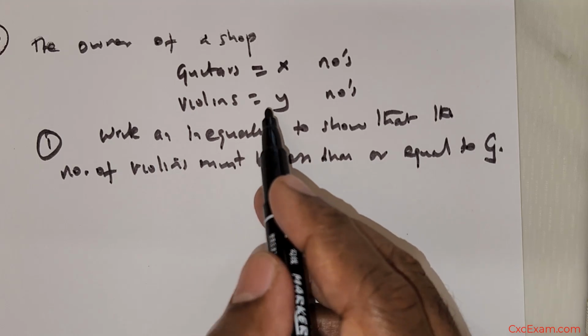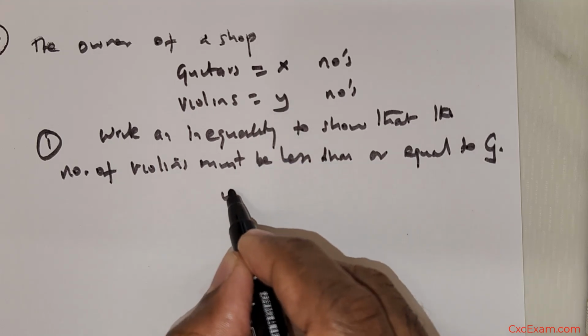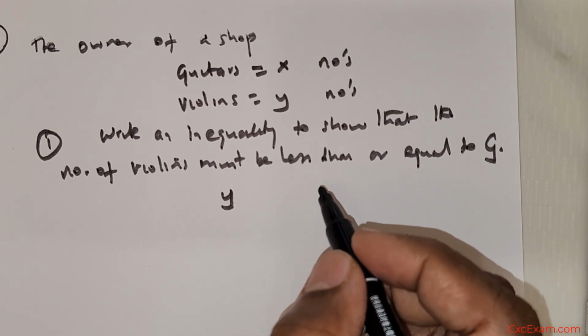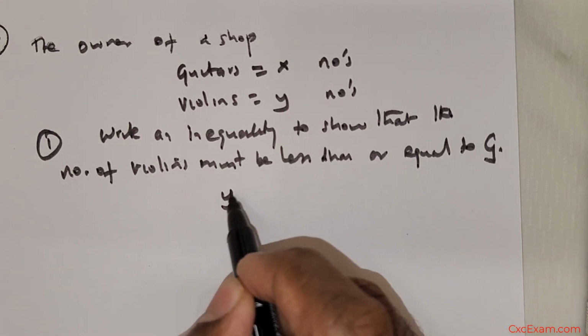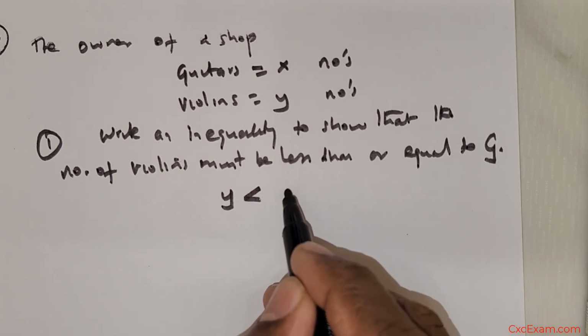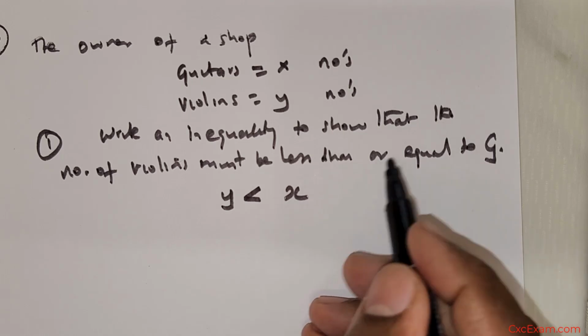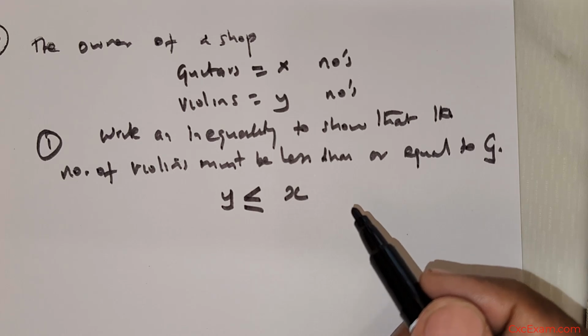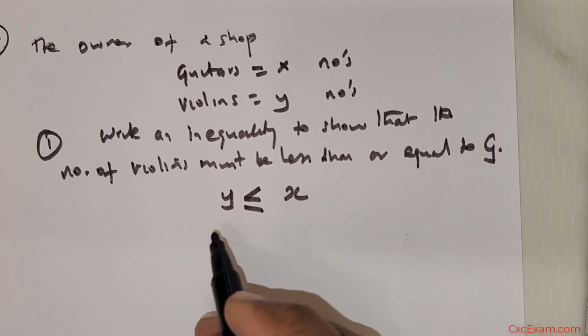So you have Y here and you have X, so you will have to connect X and Y. The number of violins can be less than the number of guitars or equal to, so you place this line. Okay, so that is the solution for the first part.